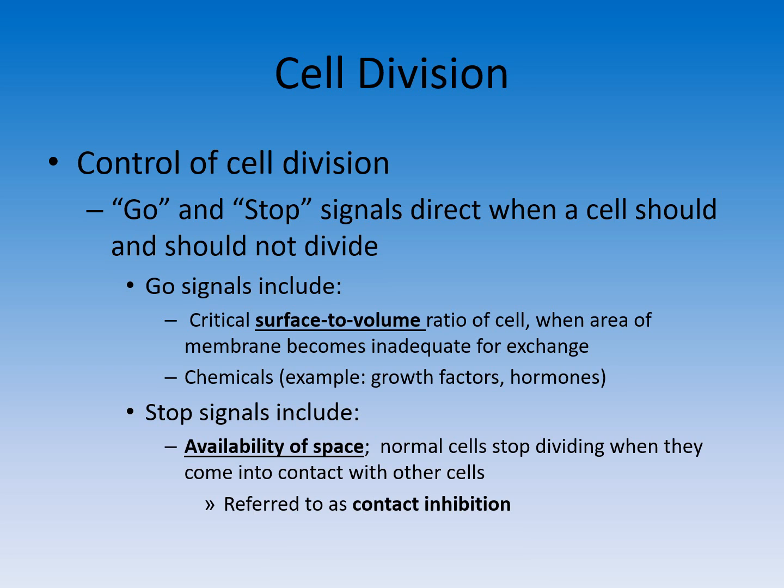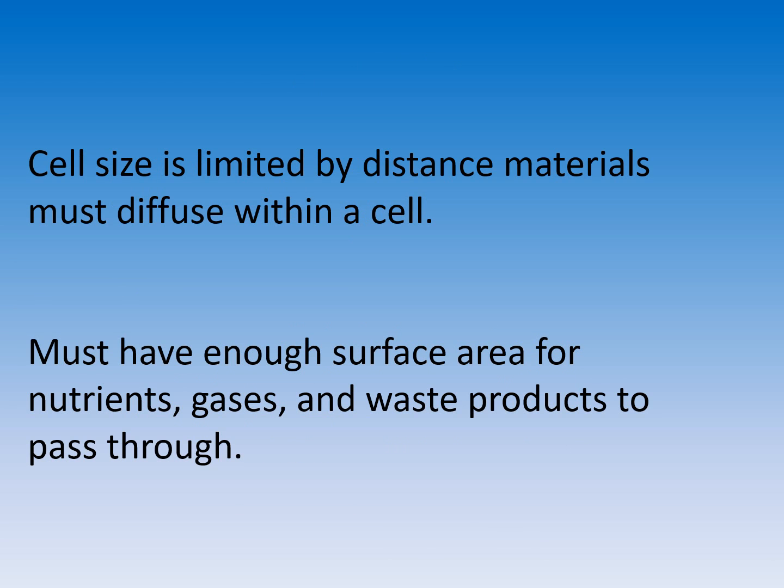Once cells are touching each other, typically they will stop cell division. Now, there are times when these control mechanisms do not function properly and cells are able to grow without the regulatory controls in place, and that's when you end up with cancer.